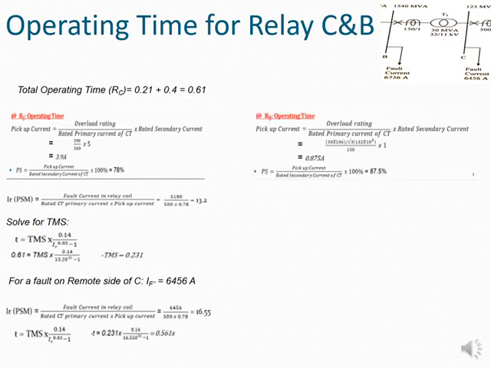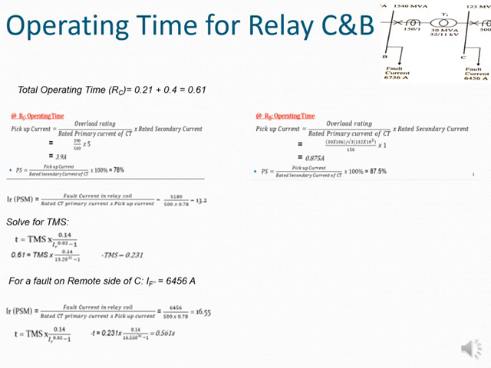I then go on to my relay B. Now at relay B, I know that there is a transformer in the mess. So wait for it. The first part is for me to do my pickup current. So therefore, I utilize the transformer, which is the 30 MVA divided by the square root of 3 times my voltage. Okay, and that gives me what I would find as my pickup current.